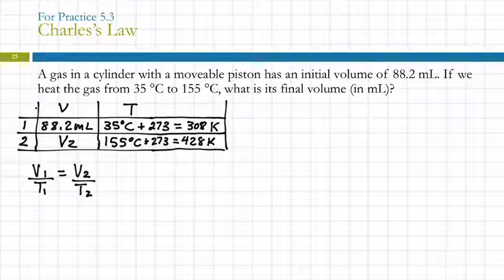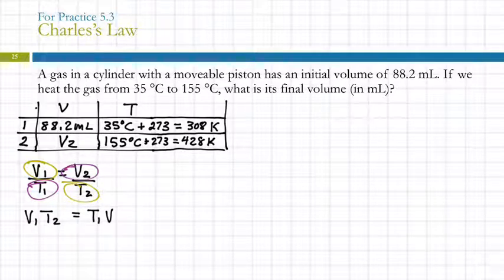So cross multiply means I'm going to take the top of one side times the bottom of the other, and the bottom times the top. So I'm going to cross multiply. I'm going to get V1 times T2 is equal to T1 times V2. Okay?